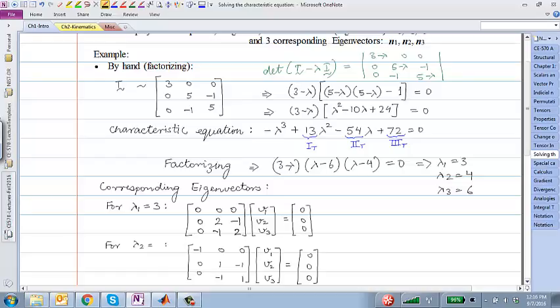Now, the way we do that is usually by setting one of these components to be 1. So, am I missing something there? No. Okay.